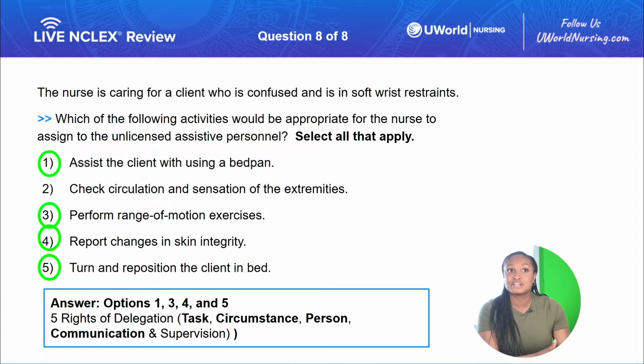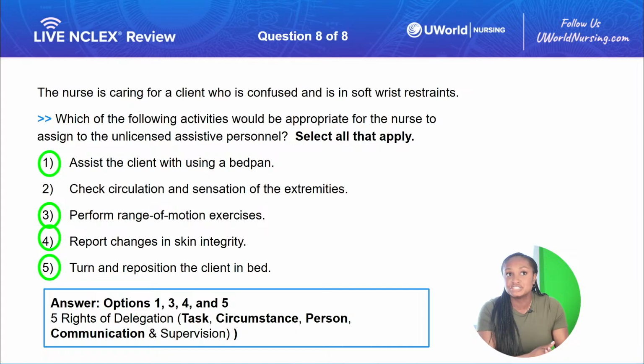Option 3, perform range of motion exercises. Again, that regular movement within our body is something that we do every day or should be doing every day. Report changes in skin integrity. So I'm not doing a full-on assessment, but if the UAP is cleaning up after a bedpan and they notice something different, reporting any changes would be something okay for the UAP, and definitely something that we would want them to do, because they have eyes on sometimes things that we haven't seen before.